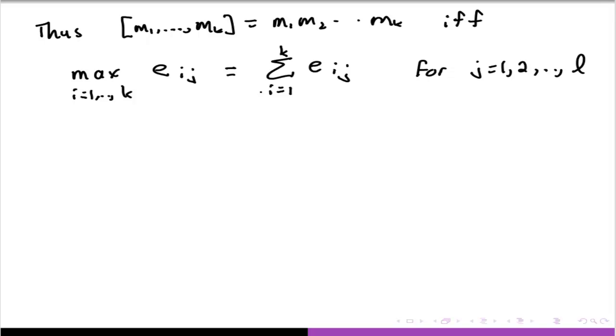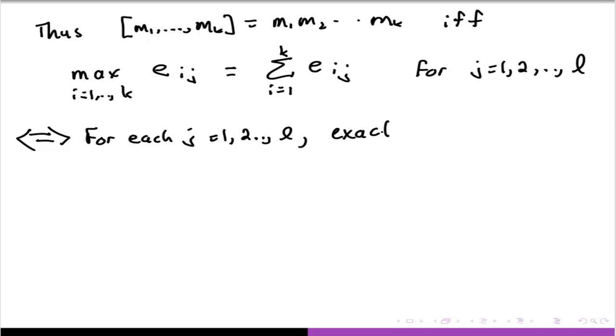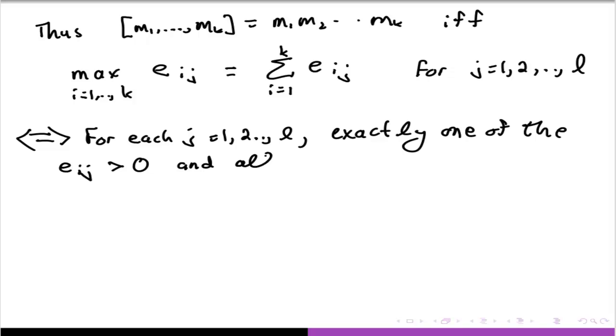That can only happen if exactly one of these numbers is positive. So for each j equaling 1 to L, exactly one of the e_ij is greater than 0, and all others equal 0.